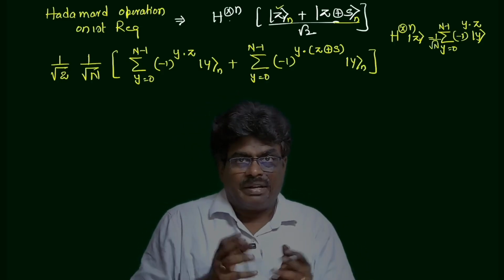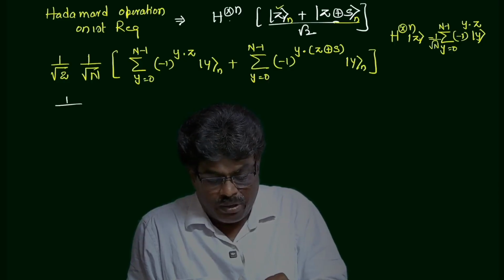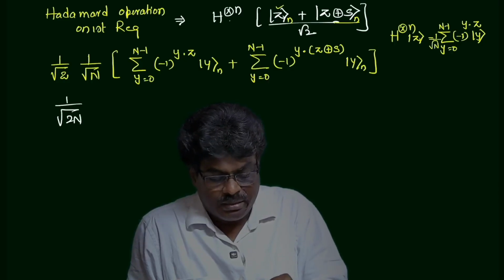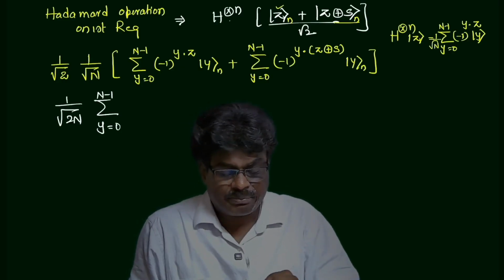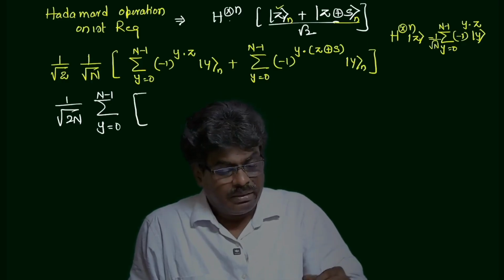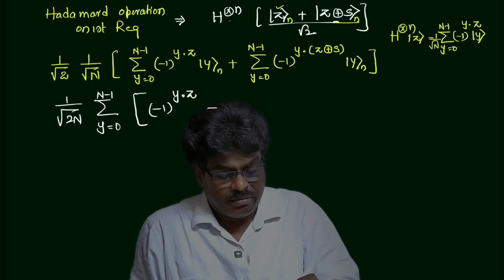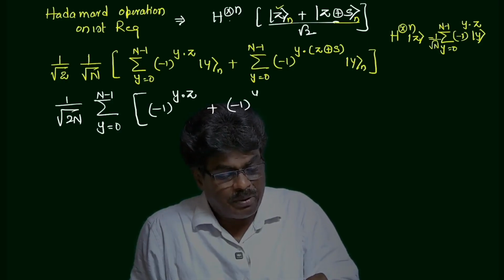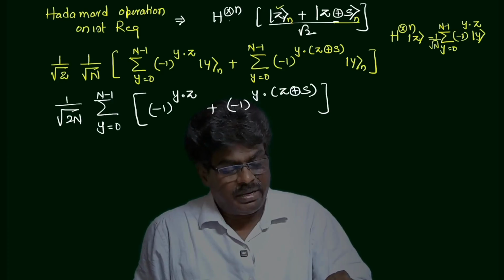Clear? Right. Now let us take out some common factors. So don't bother about this, just leave it. And here we have 1 over root 2N, summation y equal to 0 to N minus 1 common, and after that see carefully, this (-1)^(y·z) plus (-1)^(y·(z⊕s)), and outside I have taken this |y>.